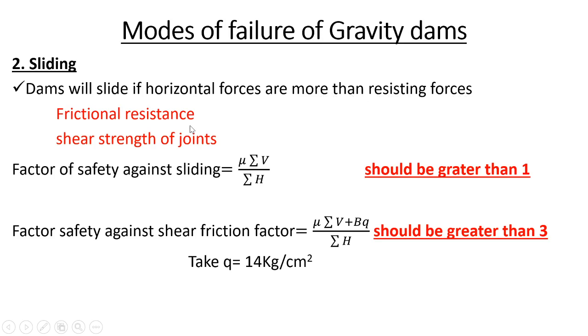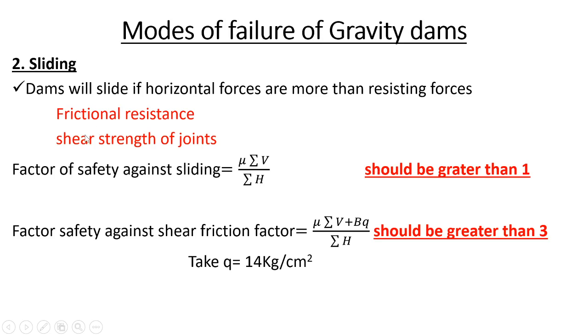There may be two types of sliding criteria: sliding due to frictional resistance and due to shear strength of joints. First one, the factor of safety against sliding. By considering the frictional resistance, the equation is mu into sigma V divided by sigma H. This equation was previously used in the stability analysis problem, and that factor should be greater than 1.